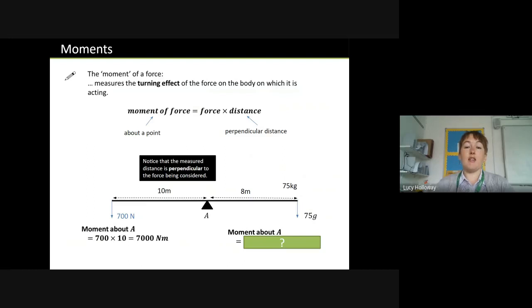On the right-hand side, we weren't initially given the force, we were given the mass of the object. But again, we have to remember that mass is not a force in itself. We need to work out the weight, which is mass times acceleration. And in mechanics, we use gravity.